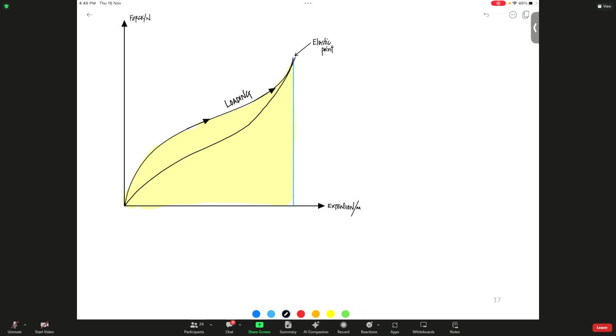So this represents the graph of unloading. So unloading মানে কি? What am I doing? Yeah, we are removing the force. And the area under the unloading graph tells you what? Very good. The energy you got back.